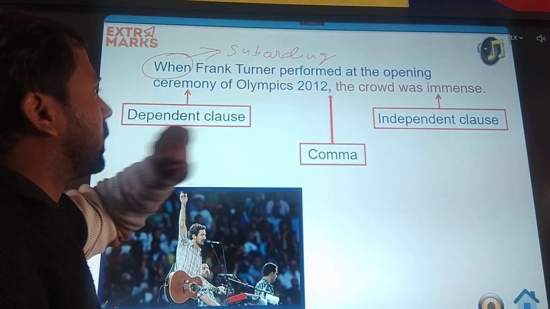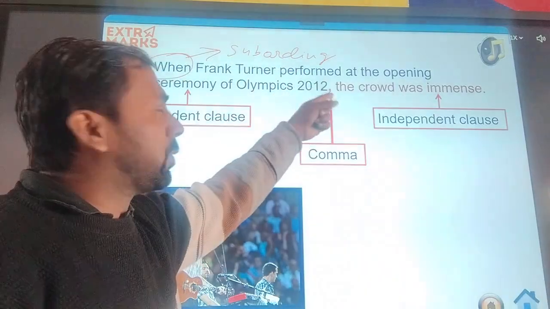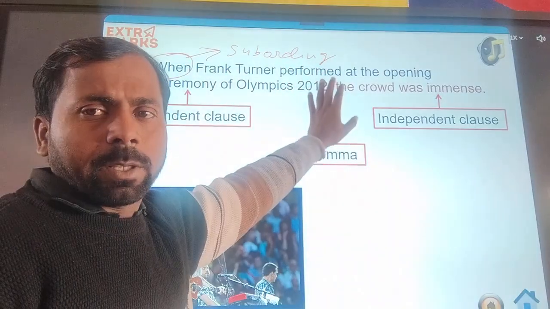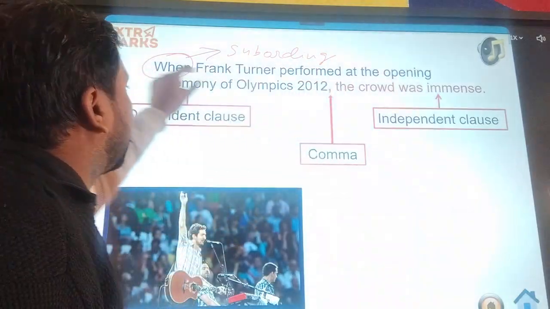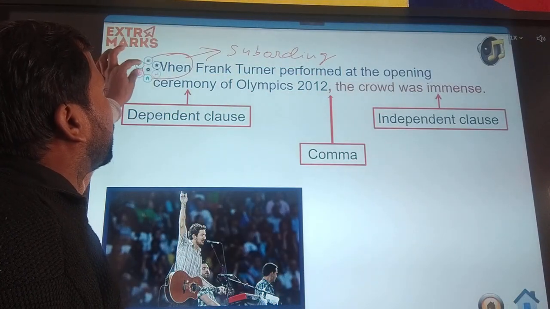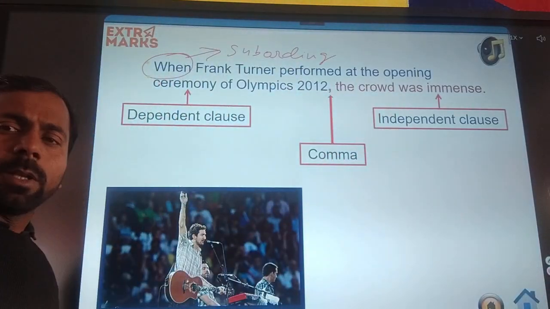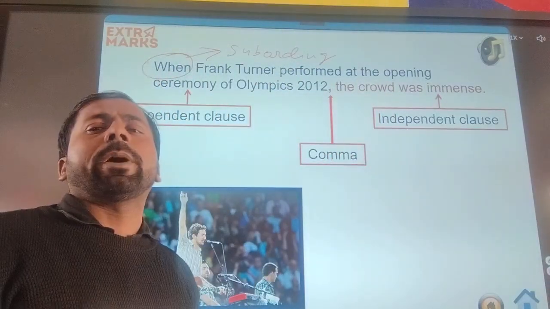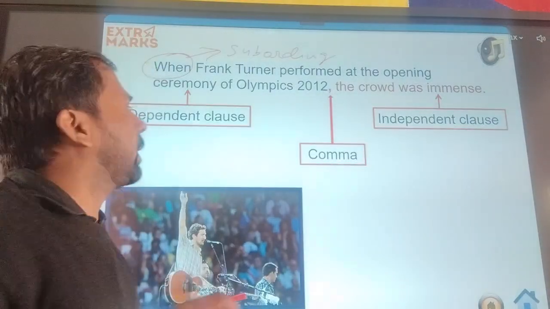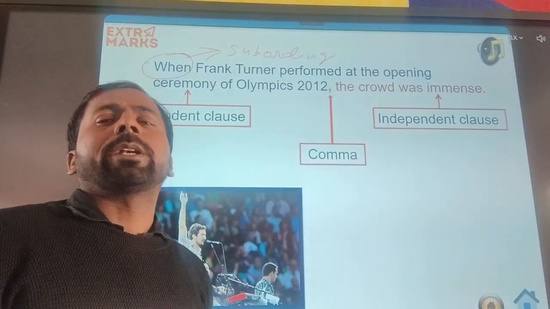If we use a comma in the middle of the sentence, the conjunction word will be used at the beginning of the sentence. Whenever you have a comma in a sentence, you can also see that the conjunction word is used at the beginning of the sentence.